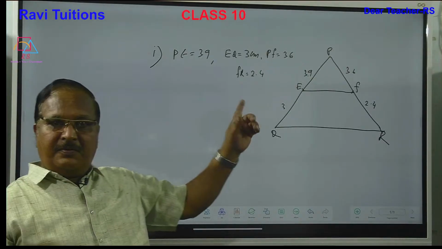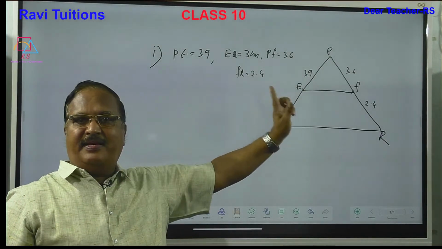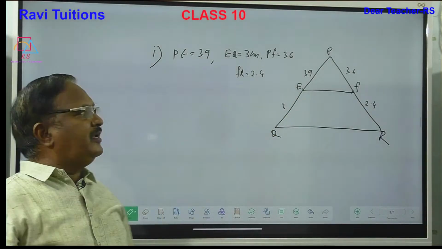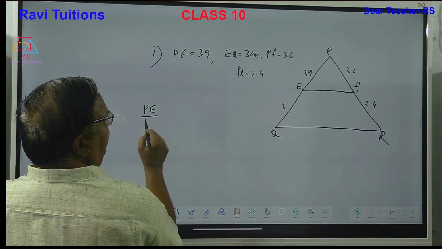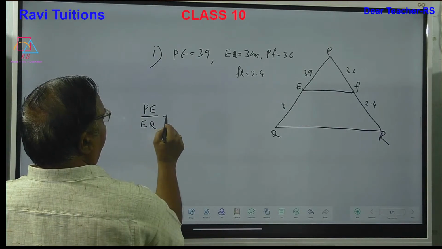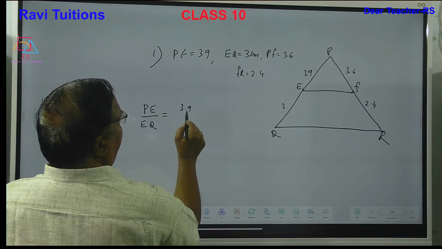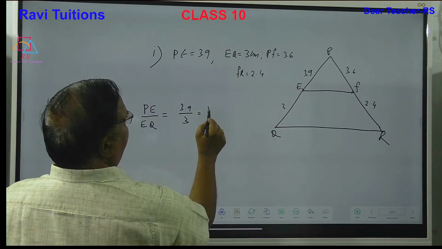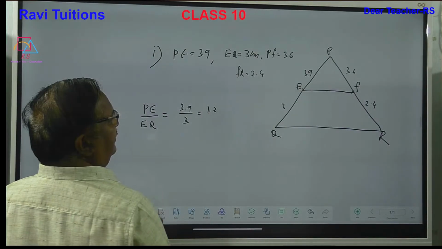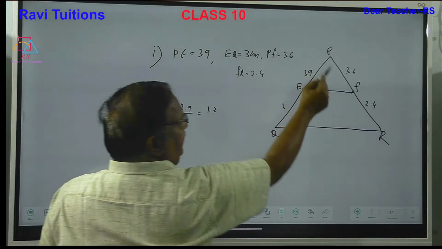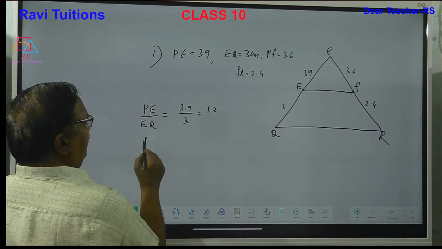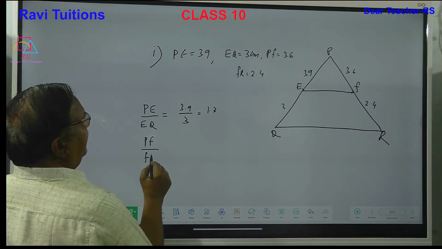Now we have to check whether EF is parallel to QR or not. You just find out the ratio PE by EQ. So 3.9 by 3, that is 1.3. Now you find out the other ratio, PF by FR.